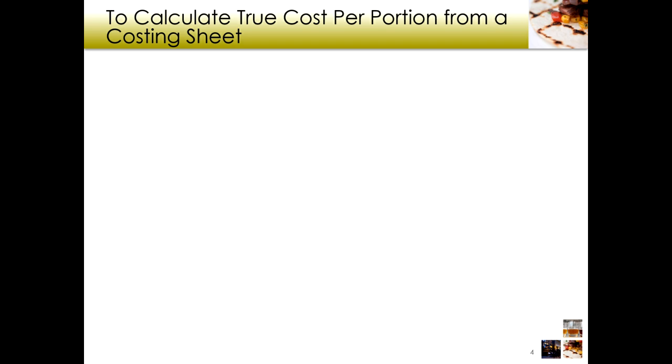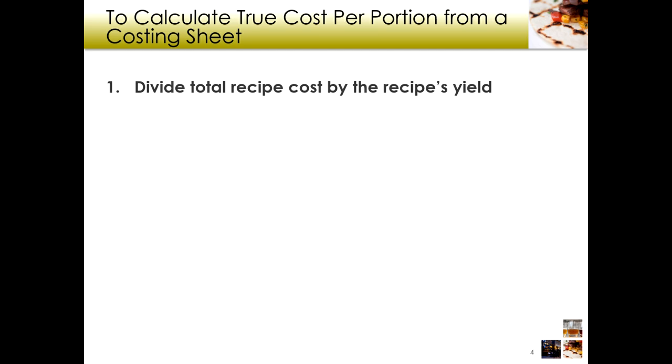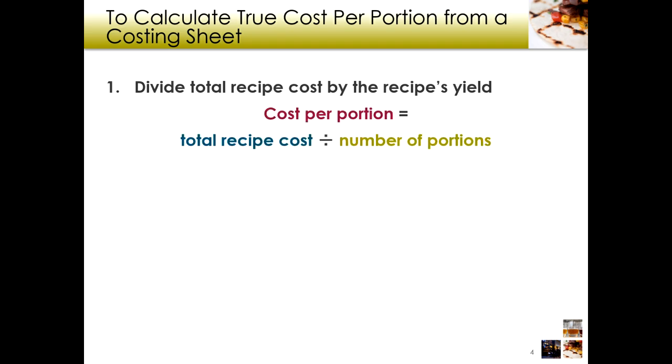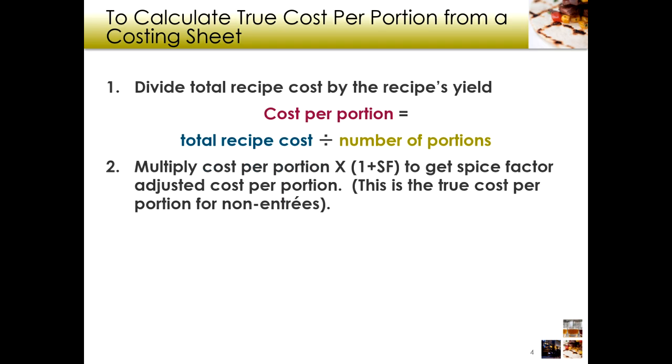learn about later, right? So to calculate the cost proportion from the costing sheet, we take our total recipe and divide it by our yield to get our portion cost, right? To get our cost proportion, right? And then we're going to multiply times our spice factor, which was that 1 plus the percentage as a decimal to get our true cost proportion.